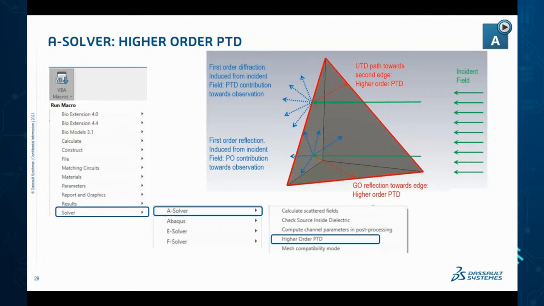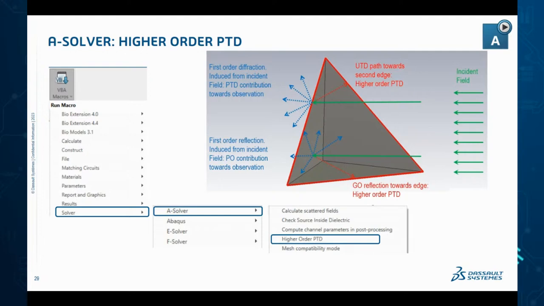The higher order will then get the diffraction from the edges that are also indirectly illuminated. And by indirectly, I mean rays that bounce through other surfaces inside of our model, or even UTD rays if UTD is enabled.